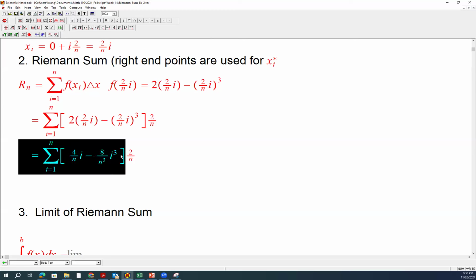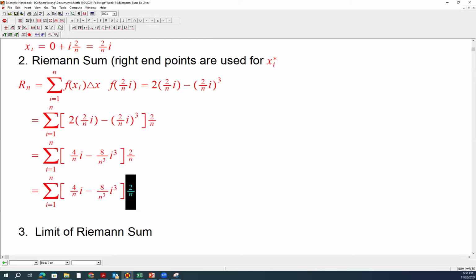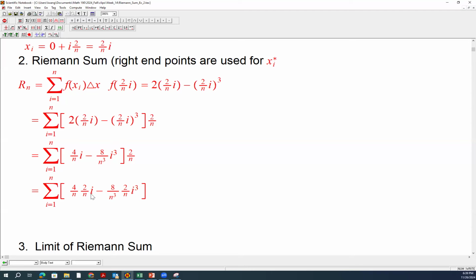So next, we're going to distribute the 2 over n inside. Okay, so 2 over n will be brought inside, because we're about to separate the summation. This is going to be 8 n to the power 2, n squared, and this is going to be 16 n to the power of 4.